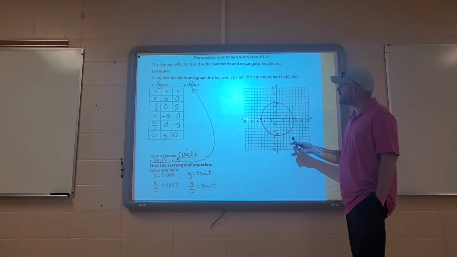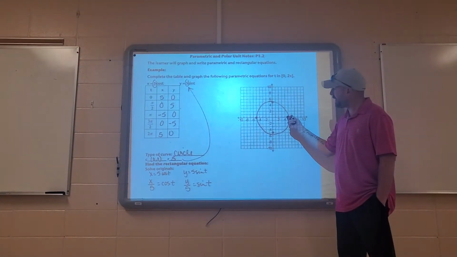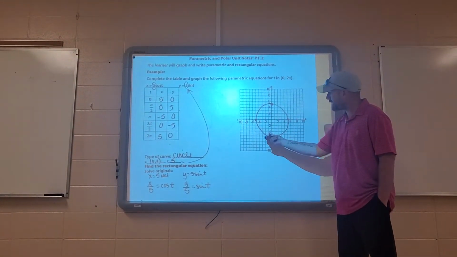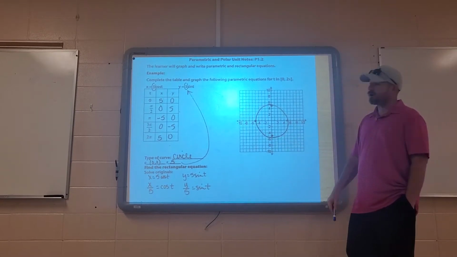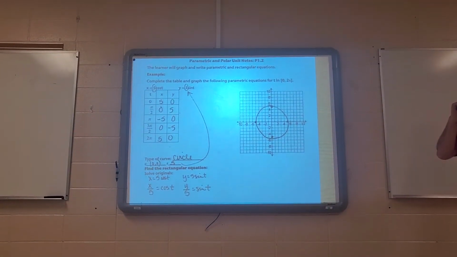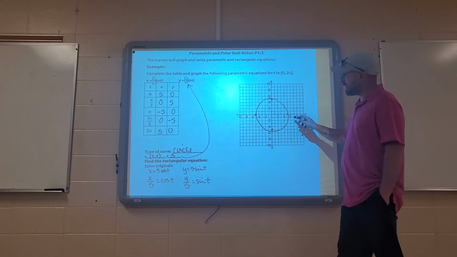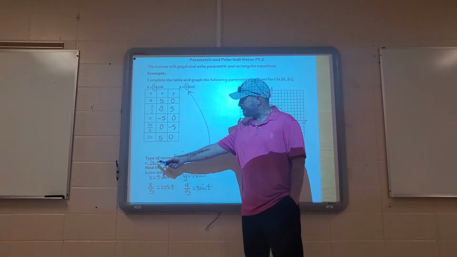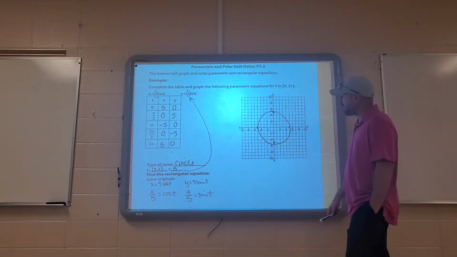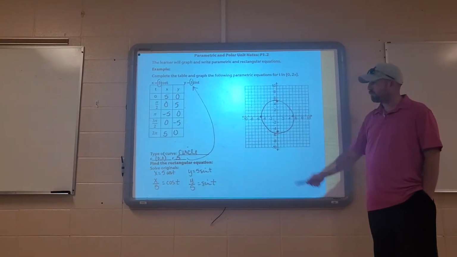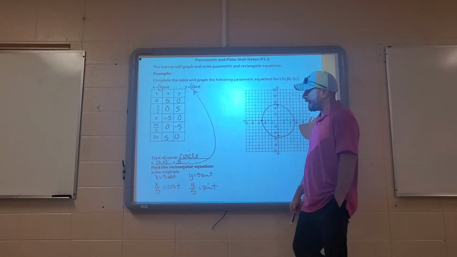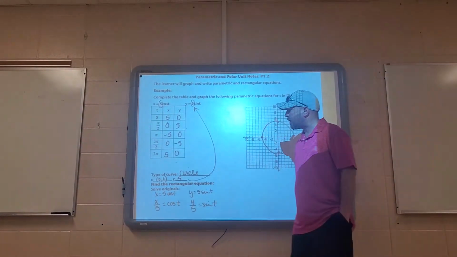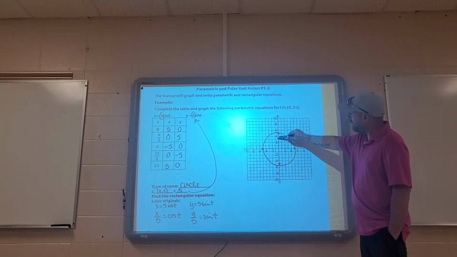But you know this is continuous, so the only way to continuously connect all these points is a circle. So the graph is a circle. Its center is at the origin, and its radius, the r, is 5.